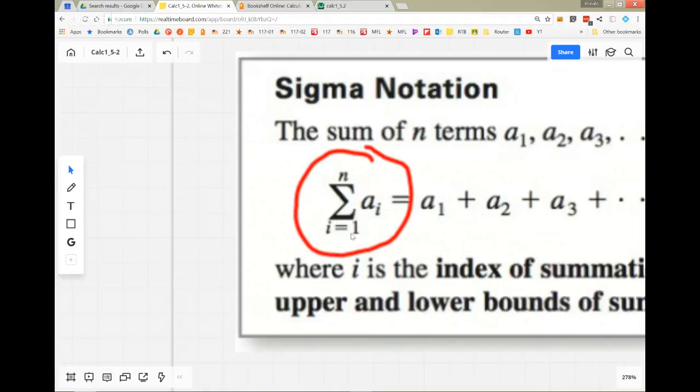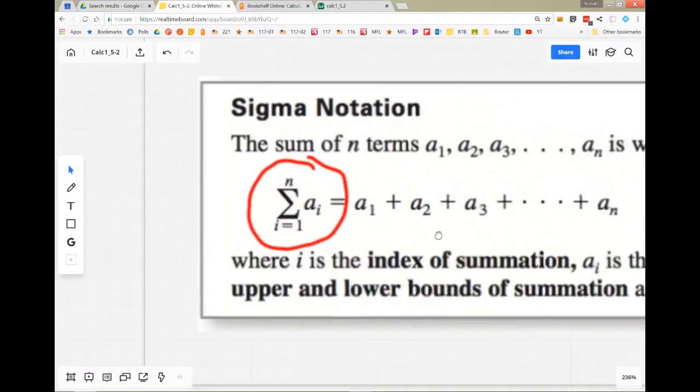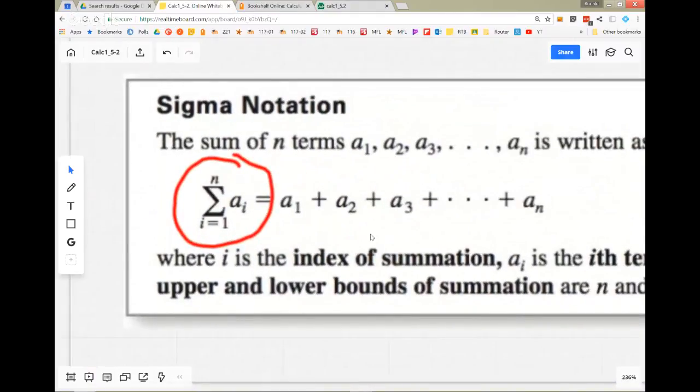So this just says start at 1, end at n, and do that for all the a sub i, where i is called the index. So when i starts off at 1, add a1 to a2 to a3, all the way up to an, and you can see that's the way it's written out. So it's just a notation for adding a bunch of things up. All right.